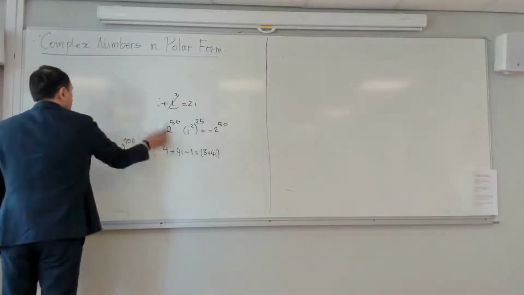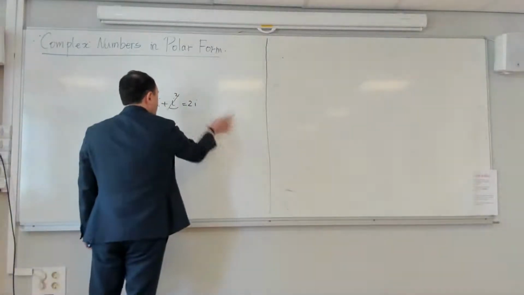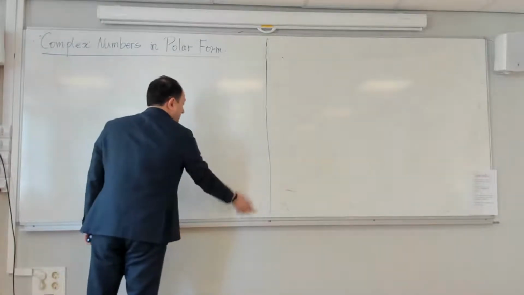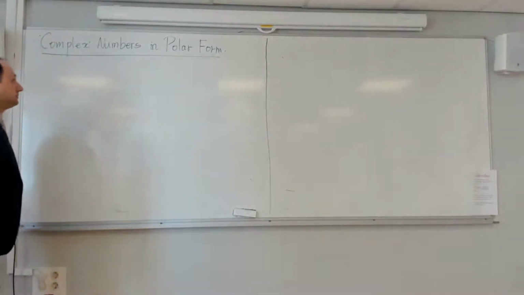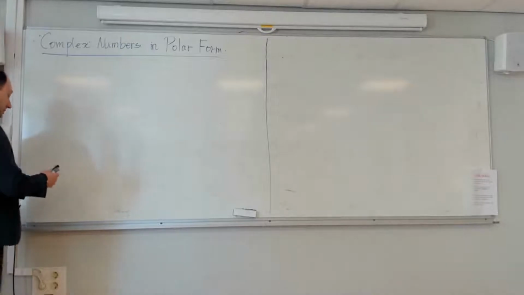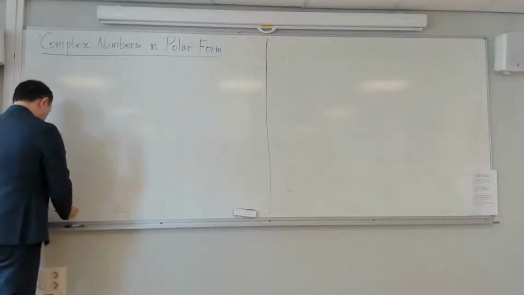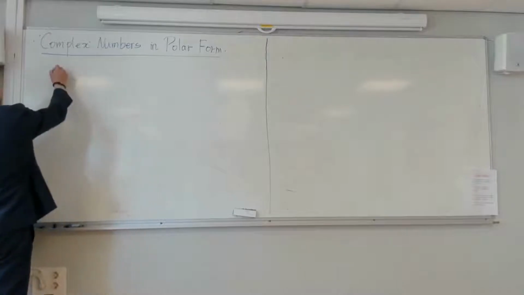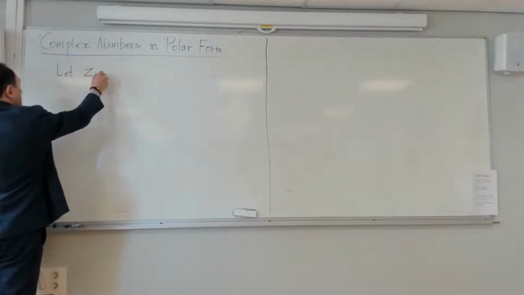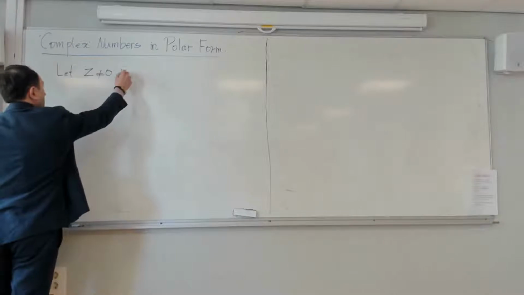Okay, we talked about the absolute value of a complex number, but let me just talk about the argument of a complex number. So I would say that let z not equal to 0 be a complex number.